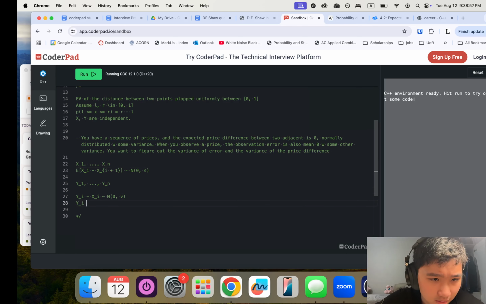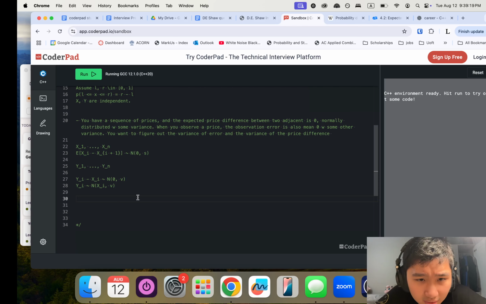So it's the same as saying yi is normally distributed with mean xi and variance v. You want to figure out the variance of the error and the variance of the price difference. So I want to figure out S and V.